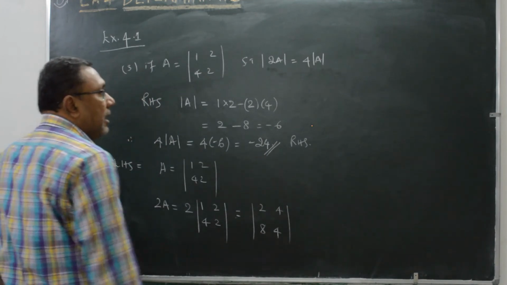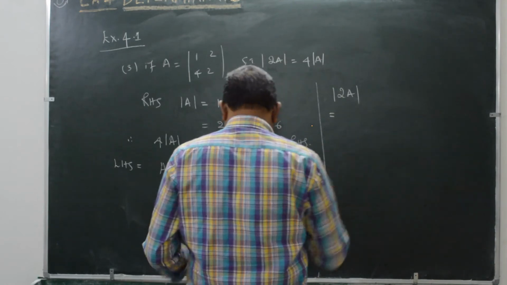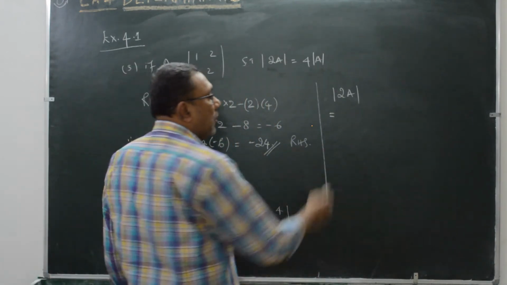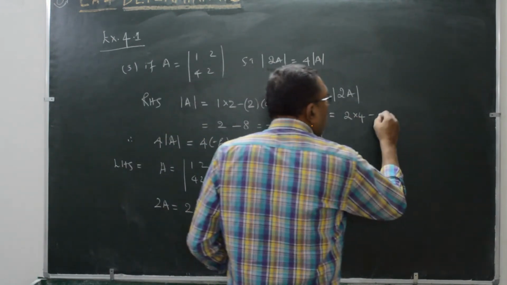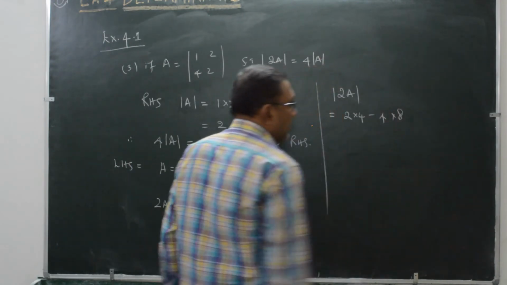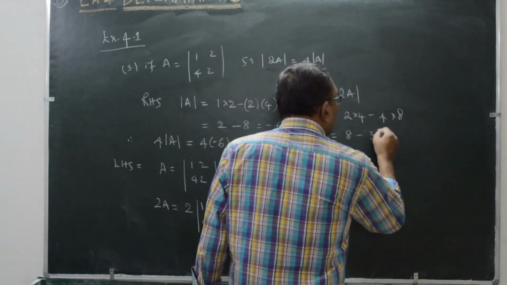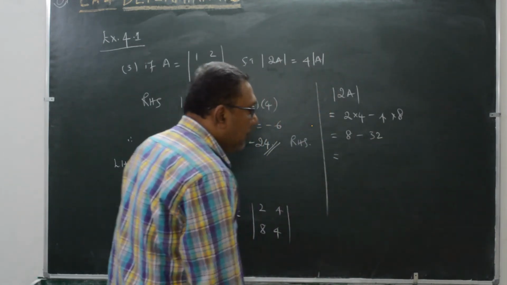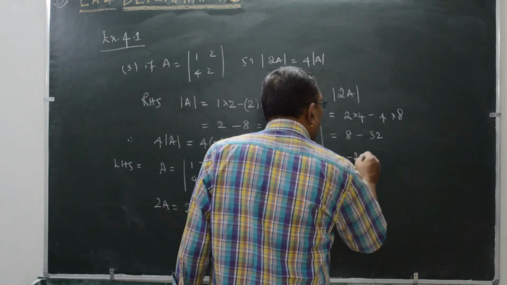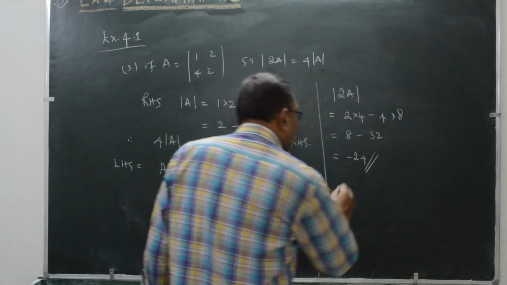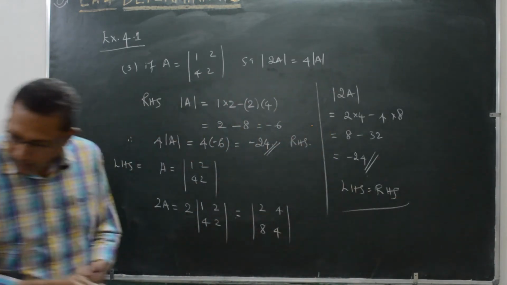Now let us find det of 2A, which will be equal to 2 multiplied by 4 minus 4 multiplied by 8. So 2 fours are 8 minus 32, which gives minus 24. Therefore, LHS is equal to RHS. So that's how the proof works.